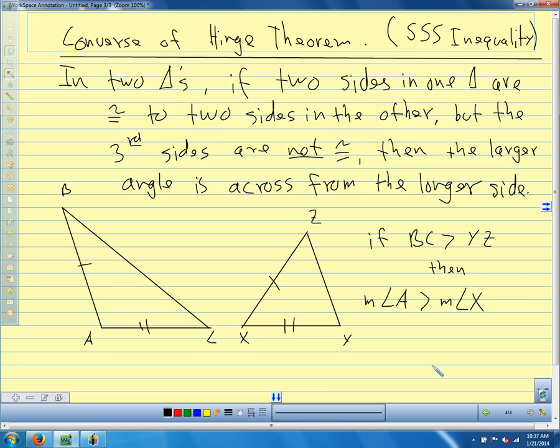This time we're just thinking about the angles rather than thinking about the sides. We know about the sides, and this lets us figure out about the angles.